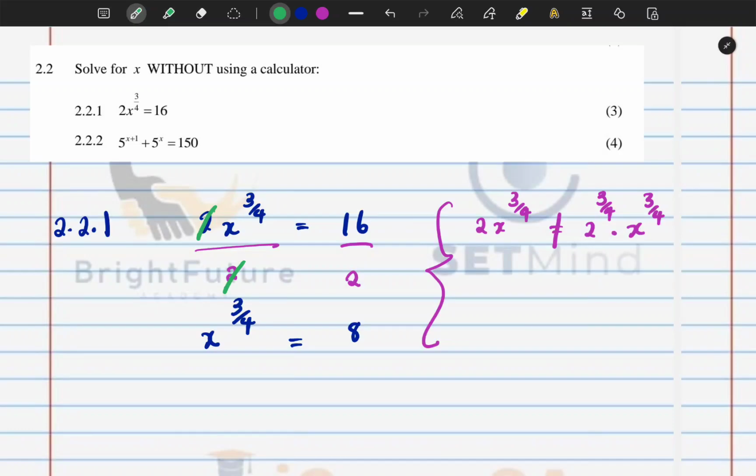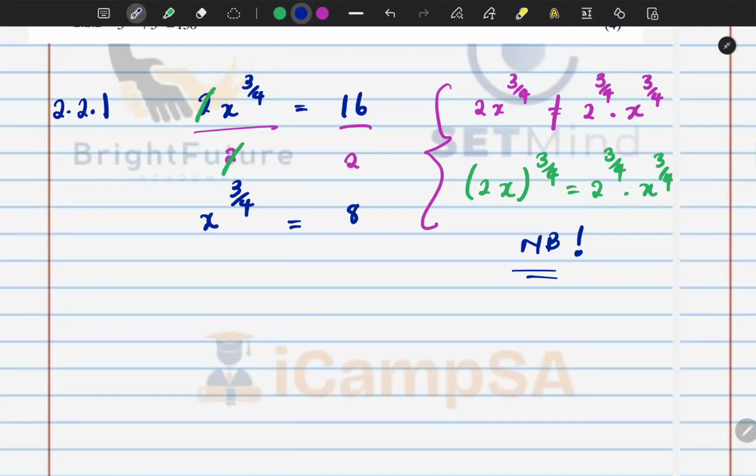So this would have been true. What is true is that (2x) raised to the power of 3/4 is equal to 2 raised to the power of 3/4 times x to the power of 3/4. This is very important.